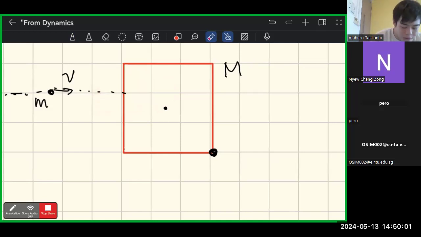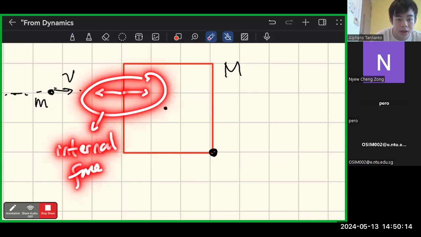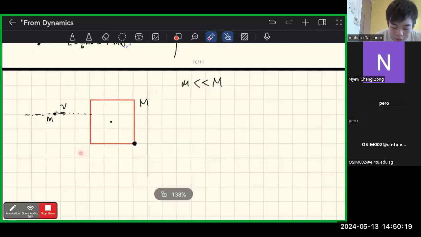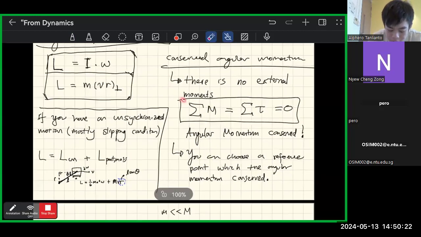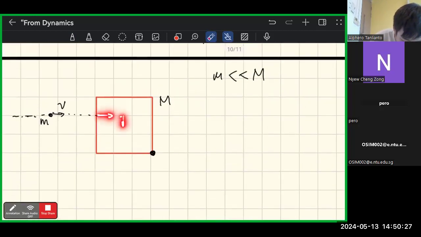And this internal force does not cause external moments, because this force times the r here, added to this force times the r here, with the same r and the same force, gives moments that balance one another.